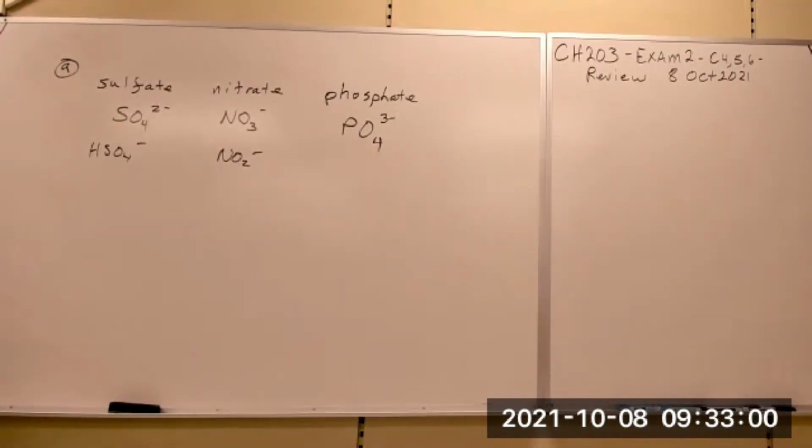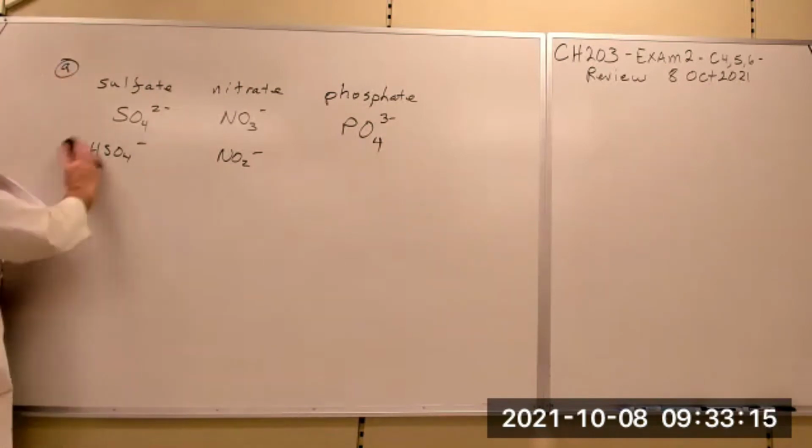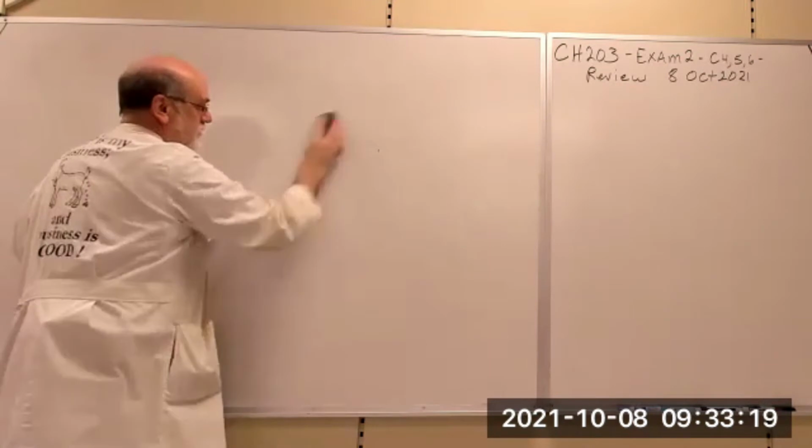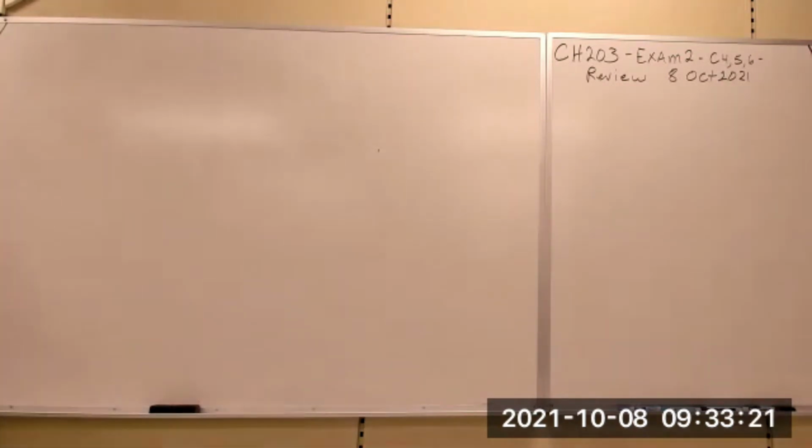I didn't have you memorize these, so the exam will have that list of polyatomics in it. And really, the only way I can remember all these is I've been using them over and over and over again for years. So we just kind of drill in.